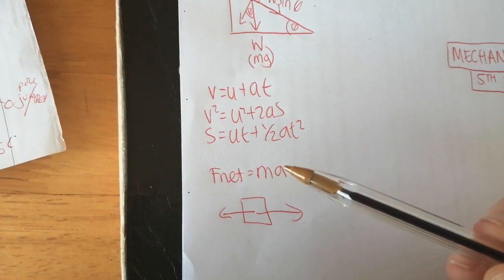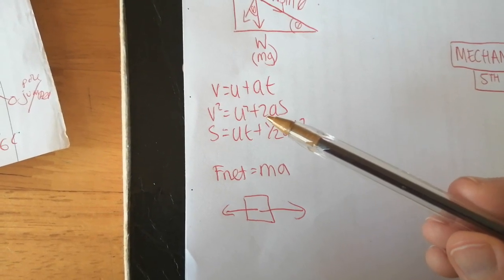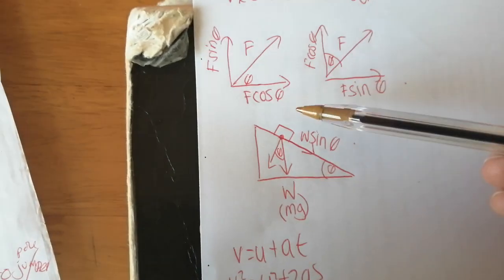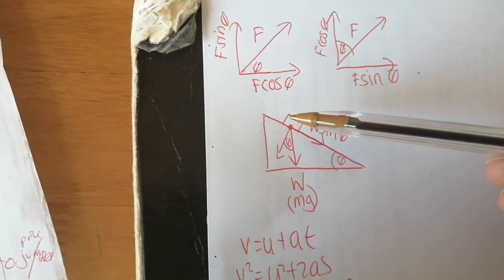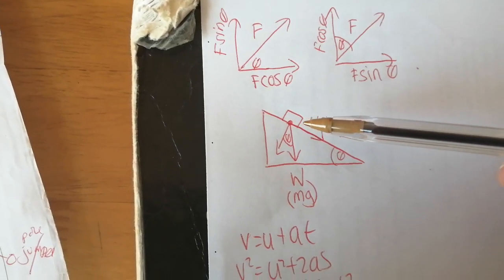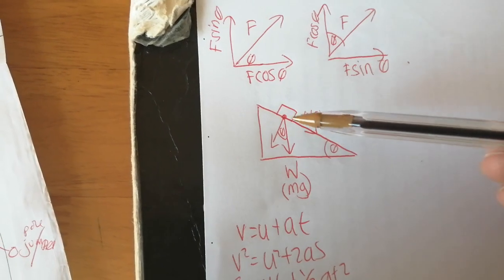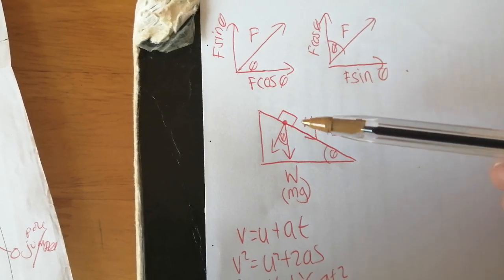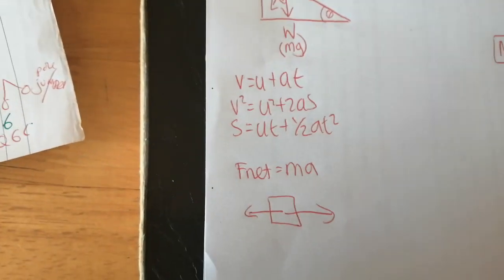So F net, the mass by acceleration found through SUVAT, will be equal to the driving force minus the friction. If I have an object that's moving down a ramp, it will be the component of the weight acting down the ramp, minus the friction. So each time you're using this.